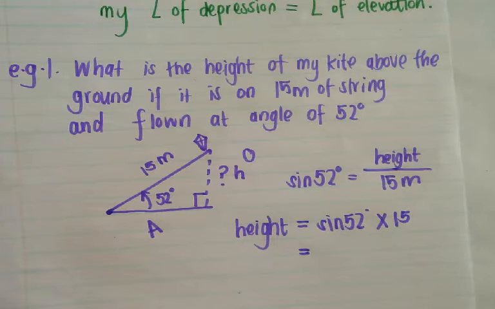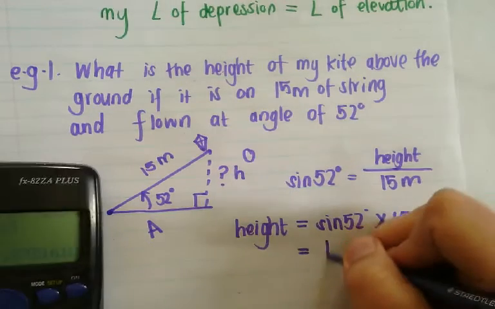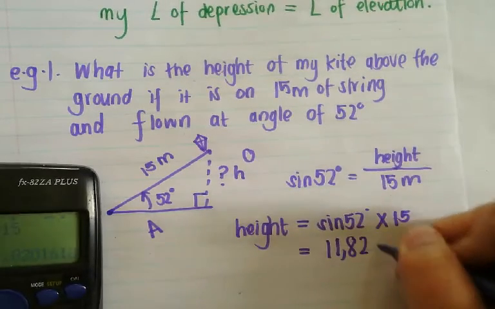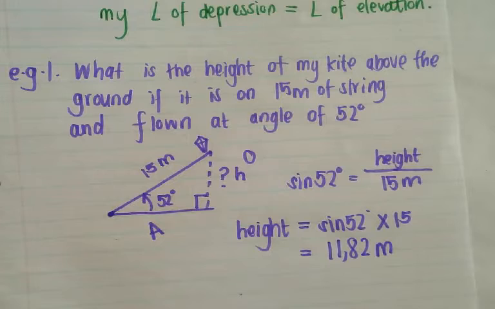Sine 52 degrees, close that bracket. Remember I told you yesterday, big boo-boo if you don't. Times 15. Tells me that it is 11,82 meters off the ground, or is at a height of 11,82 meters. Not so bad, right? I hope.